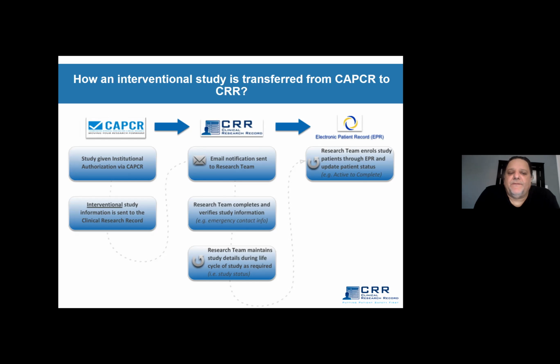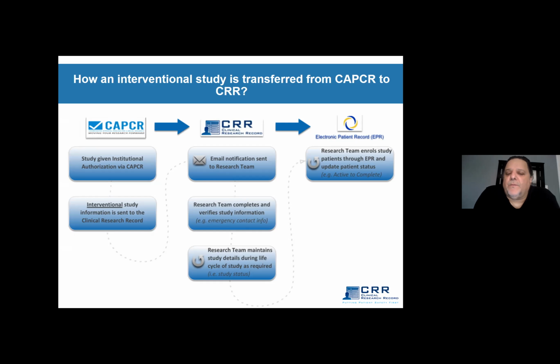As you can see, following the dotted line here, once that happens, an email notification will be sent to the research team. And then the research team, once they get their CRR account, can start including basic information about the study.